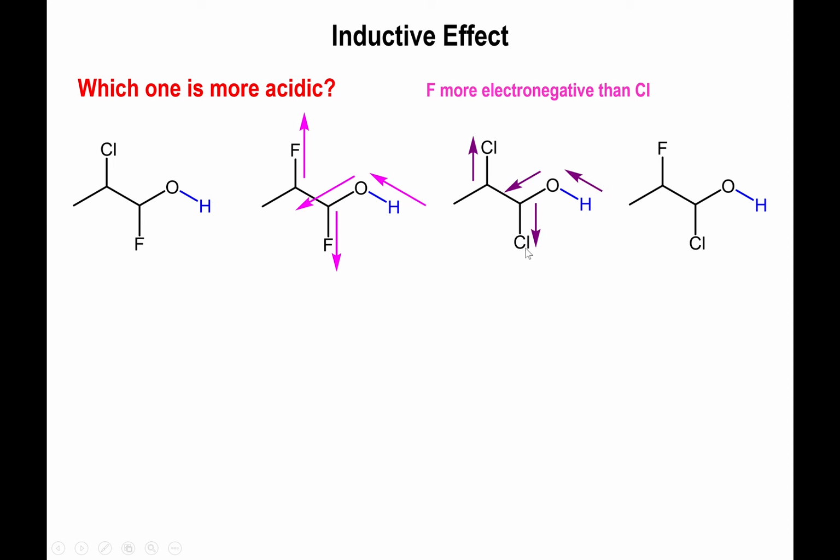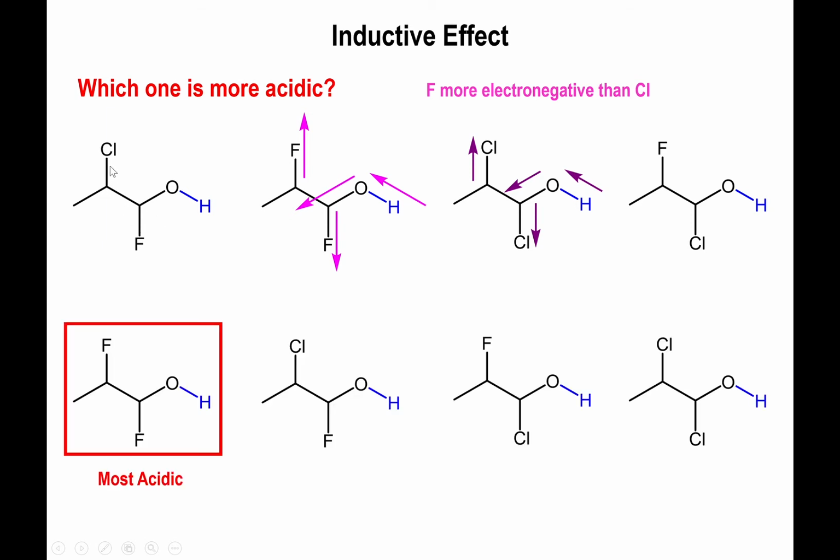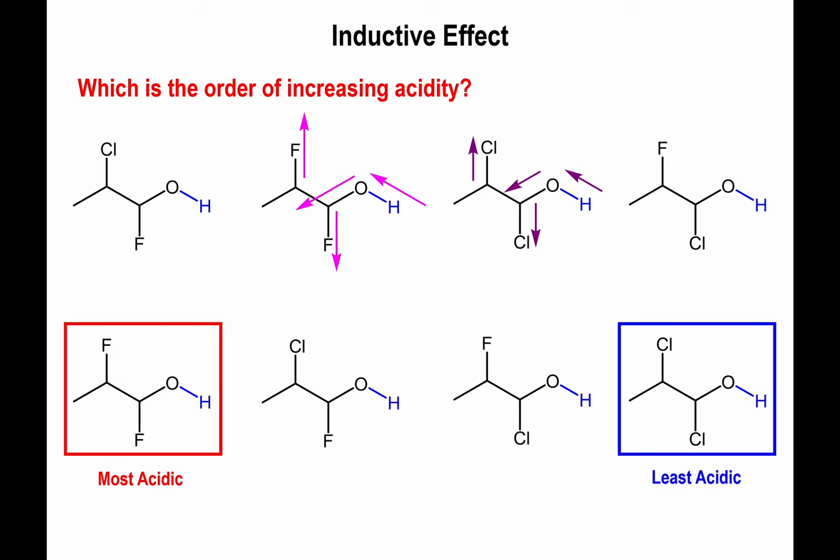The two chlorines will be the least effective, making this substance not as acidic as the counterpart. And in the case where we have fluorine and chlorine combos, well, here we have to be a little bit more careful about how we go predicting this thing. So the least acidic is the two chlorines, the most acidic is the two fluorines. I think you guys can see that relatively easily.